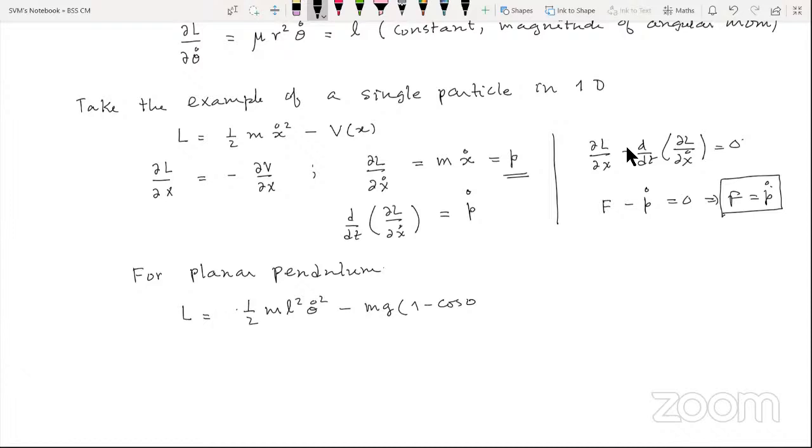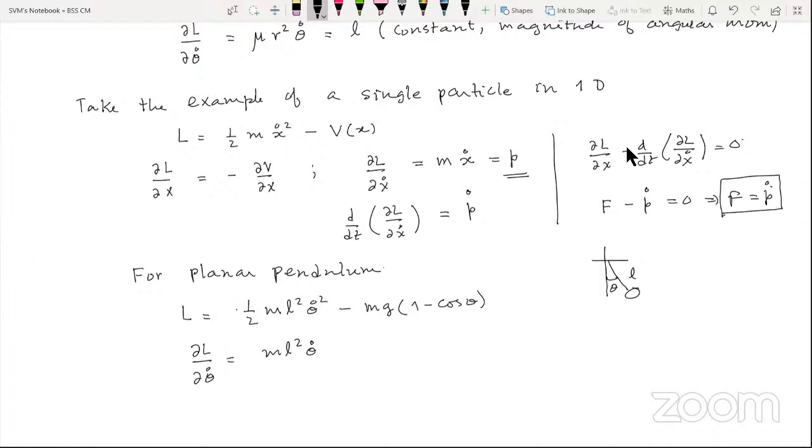So this is the Lagrangian. You have a pendulum like this, and this is l, and this is θ. Now what will be ∂L/∂θ̇? ∂L/∂θ̇ is basically ml² θ̇.